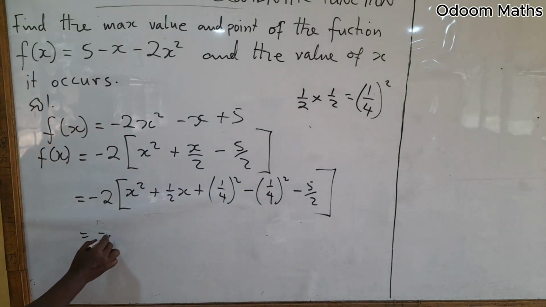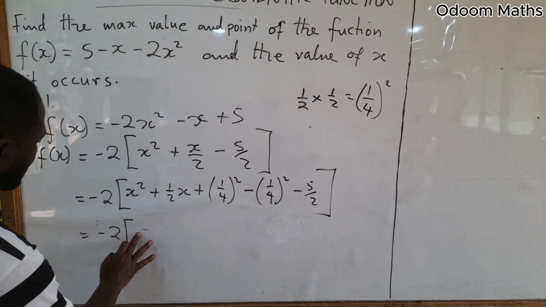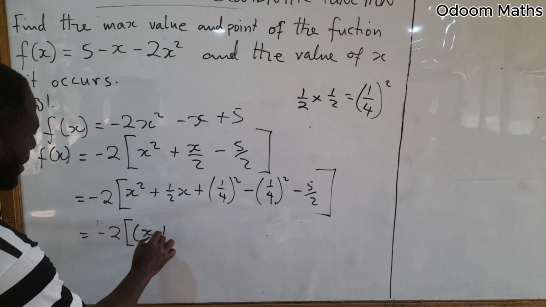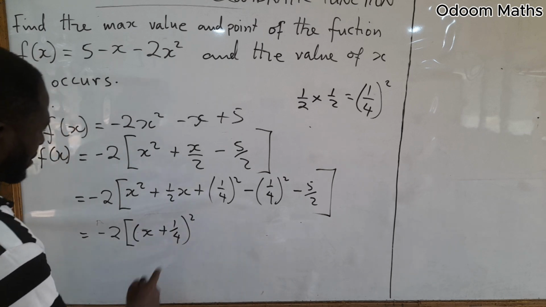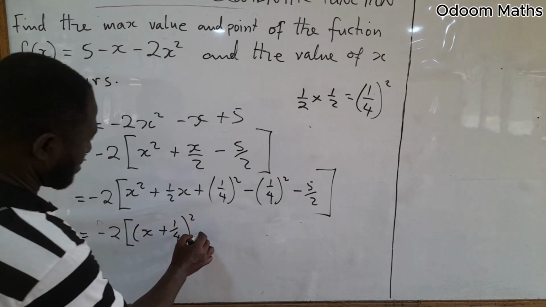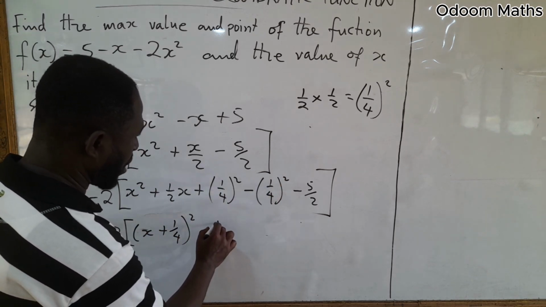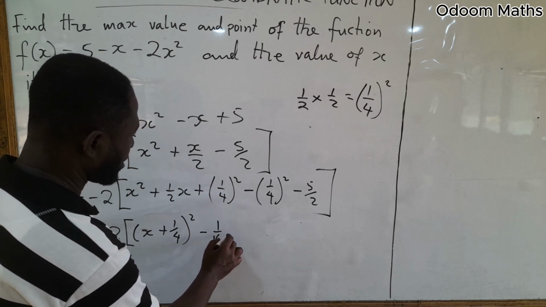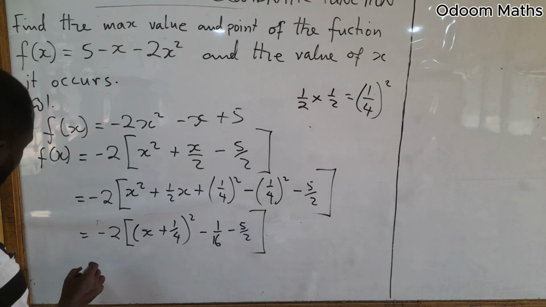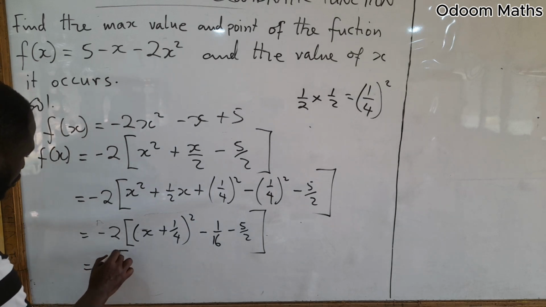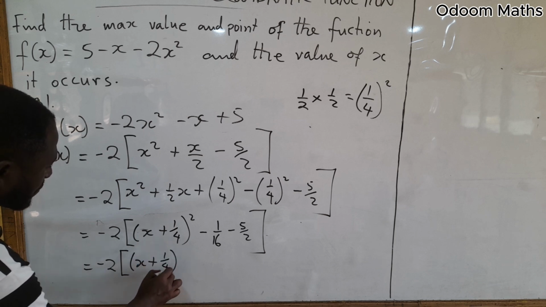Now from here, negative 2 into brackets x plus 1 over 4 all squared, because if I expand this, I am going to get this minus 1 over 16 minus 5 over 2. Now I am continuing. So negative 2 into brackets, then x plus 1 over 4 squared.